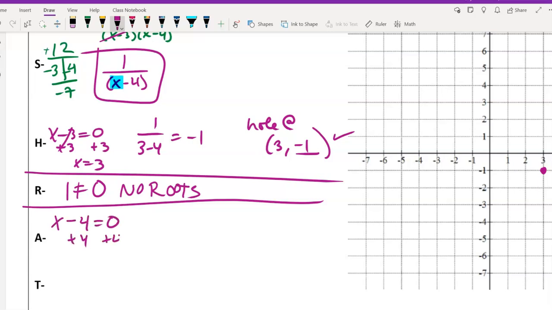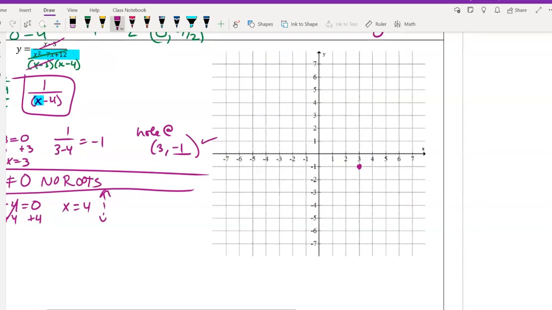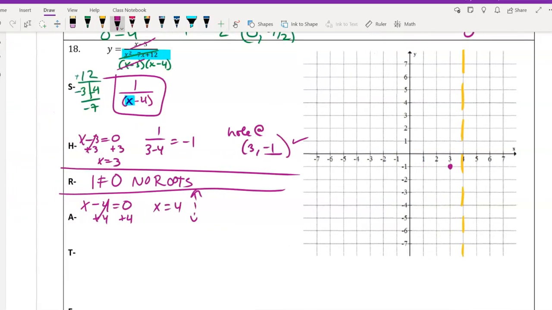We're going to add the 4, get x equals 4. This is our vertical asymptote. Let's go ahead and plot it. X equals 4. All right. Now the test points.